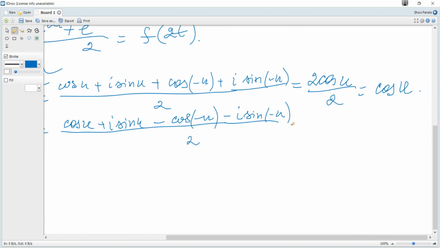And we can see that it becomes cosine minus cosine, and I sine minus minus, so plus, so it's 2I sine u over 2, and it's I sine u.